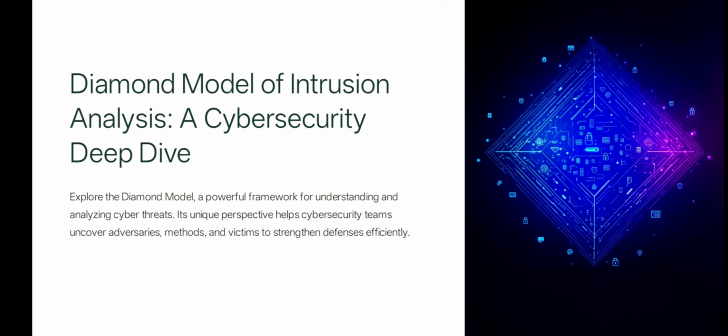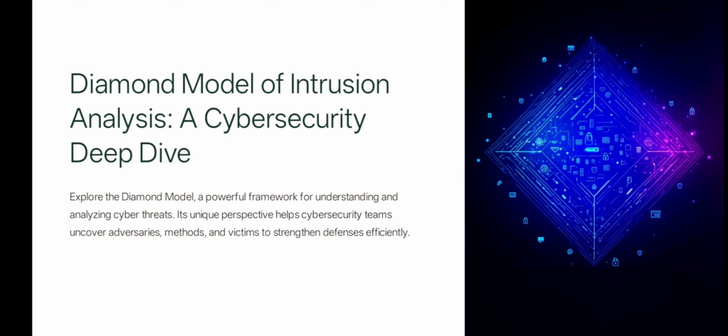Capability, the tools or techniques employed to carry out the attack. 4. Victim, the targeted person, organization, system, or data. These features are connected through a bidirectional relationship where each element influences the others. This interconnectedness enables analysts to pivot from one feature to another, discovering related indicators, behaviors, or threat actors.